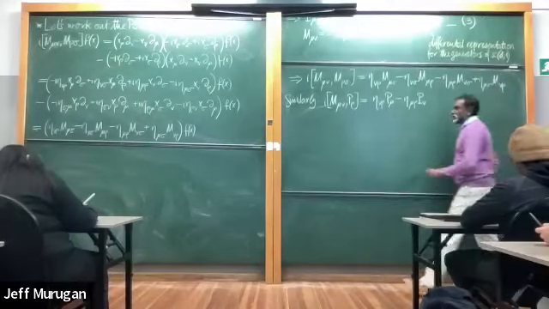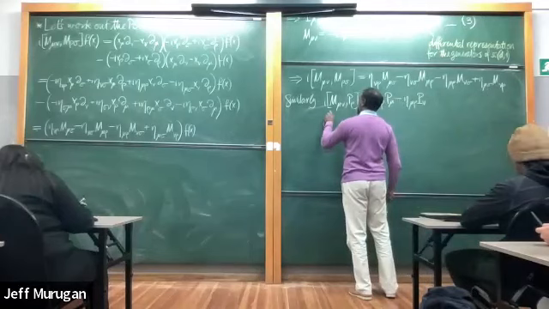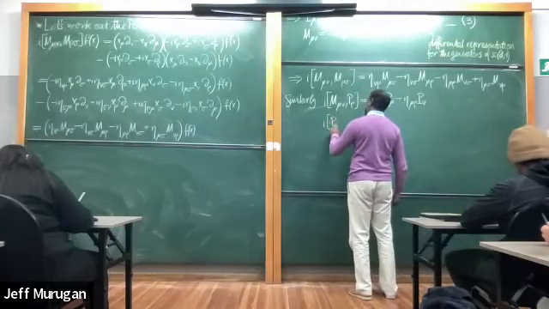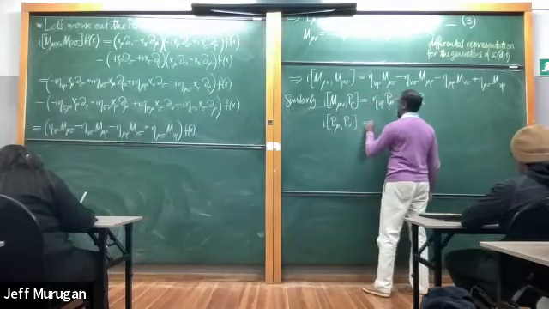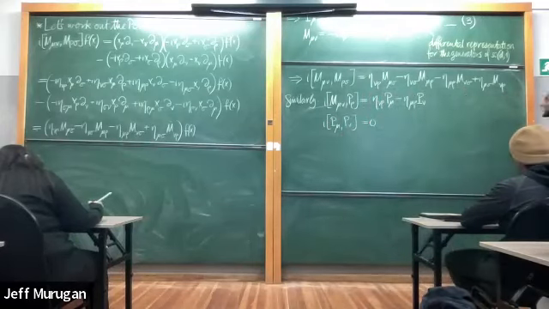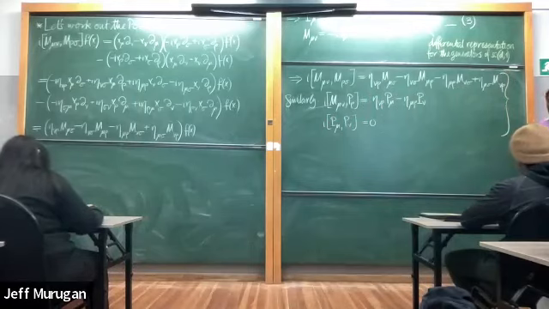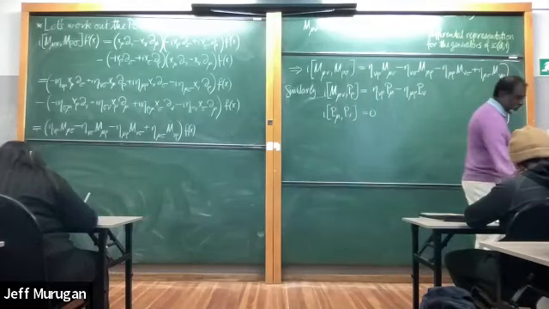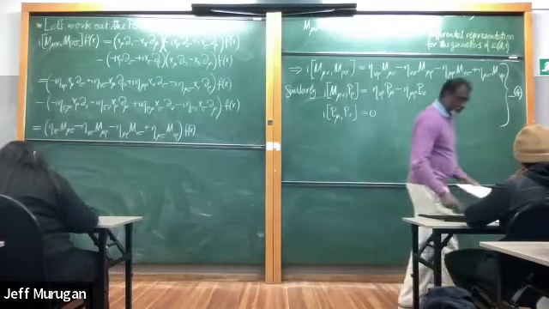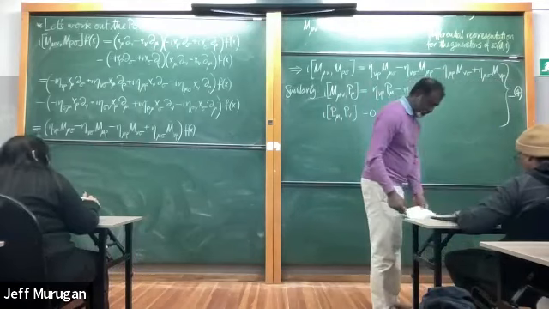And finally, the commutator of P mu with P nu is zero. And these three commutators then constitute the Poincare algebra of the associated Poincare group.